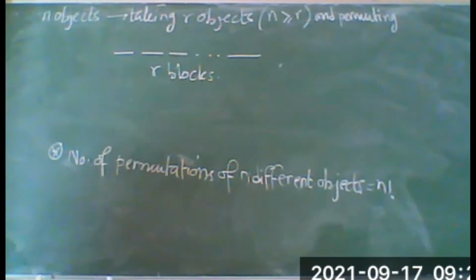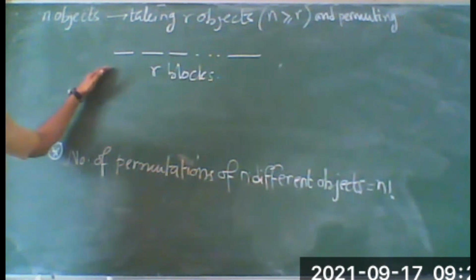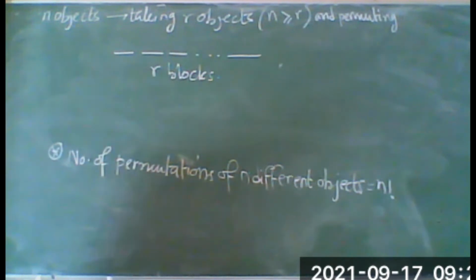We have N objects in our hand, and we are permuting any R of the objects from that N. So obviously there will be a restriction that N is greater than or equal to R. And when we permute R objects, it means we have R empty blocks in which we have to put some object.